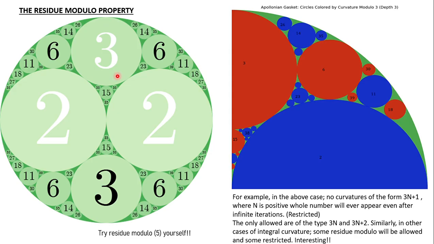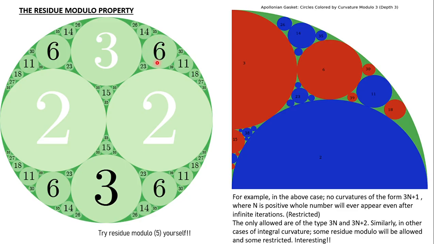Now we come to the residue modulo property. What is residue modulo? Modulo n means you divide any number by n, and the remainder is called the residue.